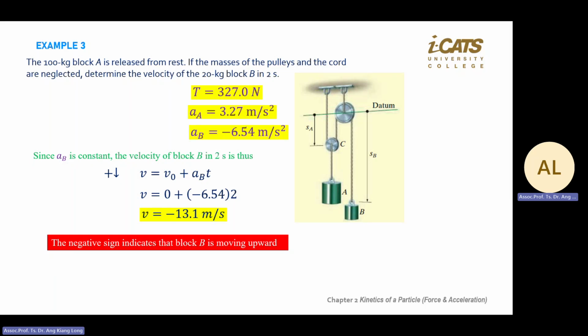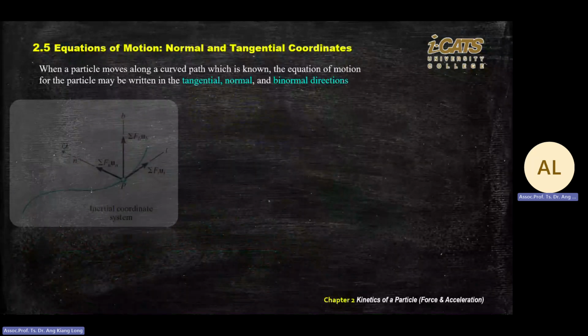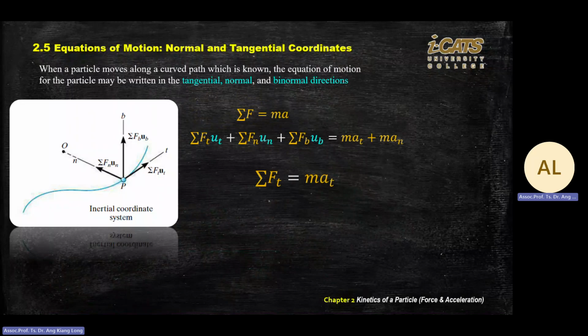Yeah. The next, I'll go very fast because you already know it. Next one is more on the normal and tangential direction. Normal-tangent means you focus on the object body and the curvilinear motion. And we apply F equal to ma. So you have 3 equations.